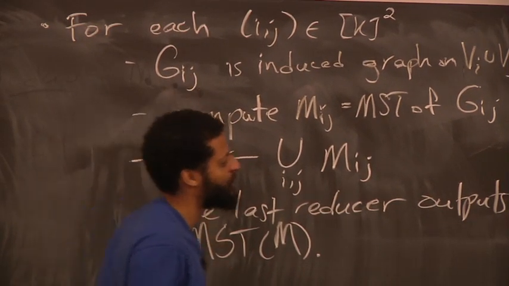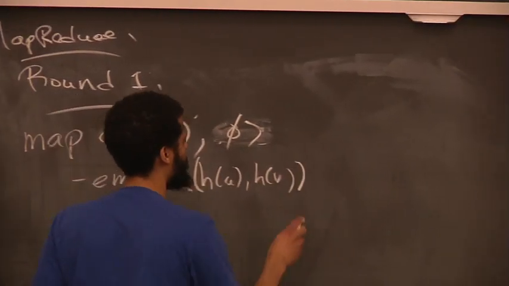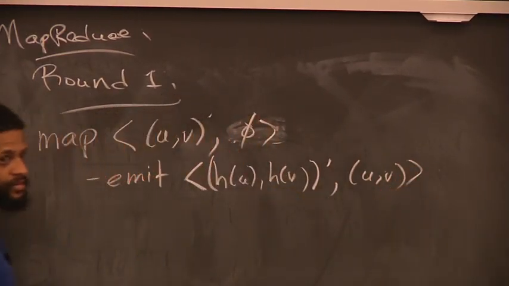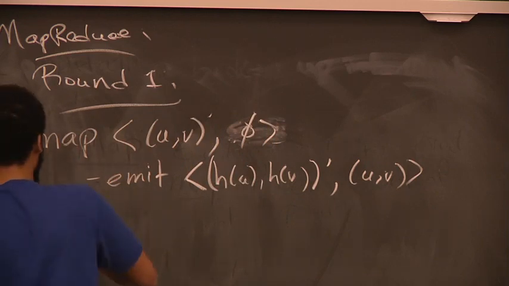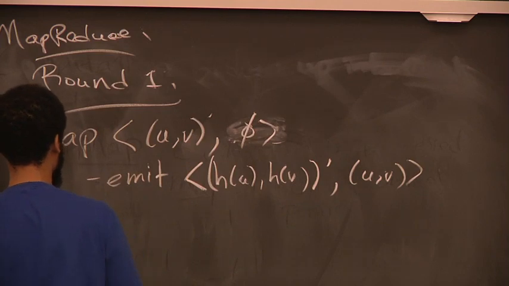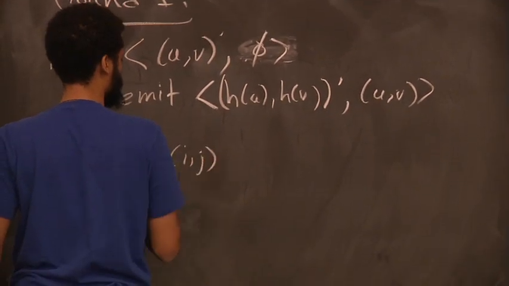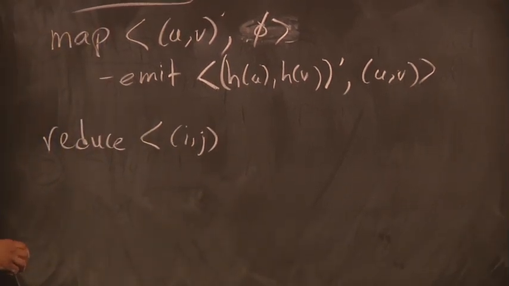So the key is going to be h of u comma h of v, and then the value is going to be uv. And then there's going to be a reducer which takes as input some ij pair, telling me which induced graph I'm looking at.